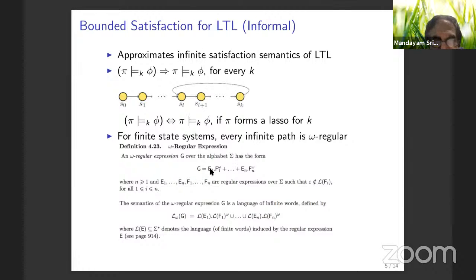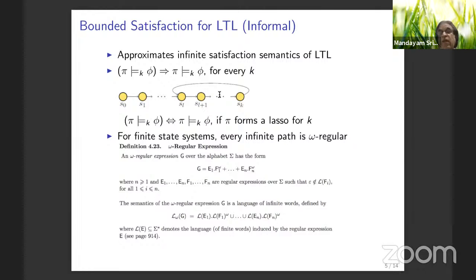So in this case, E1 will be S0 to SL minus 1, and F1 will be SL to SK. All the paths could be of these kinds. So the satisfaction can indeed be defined precisely on the infinite path just described, if you know that it is a lasso.